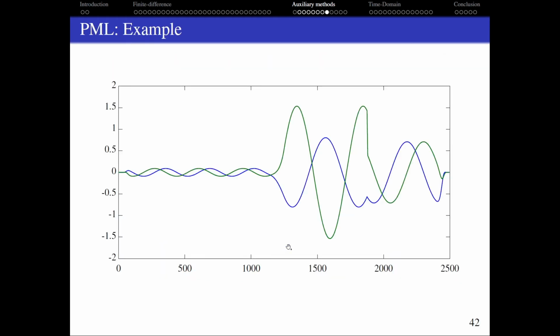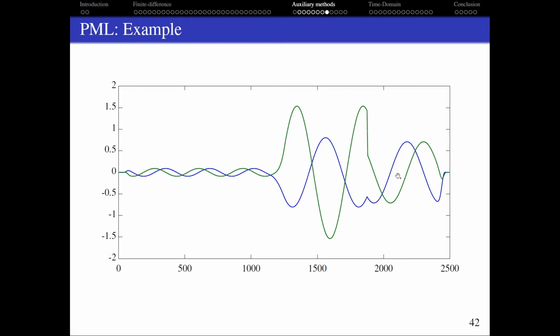And here is an example where it works. This is basically a snapshot of the field in 1D simulations. And we have the emitter at this location here, and we have an interface here with a high refractive index material on the left. And we have PMLs on both sides of the window.